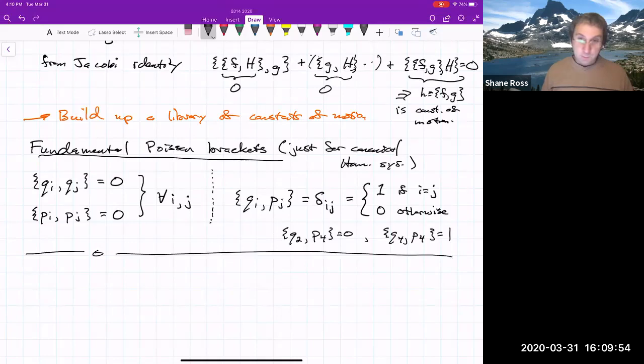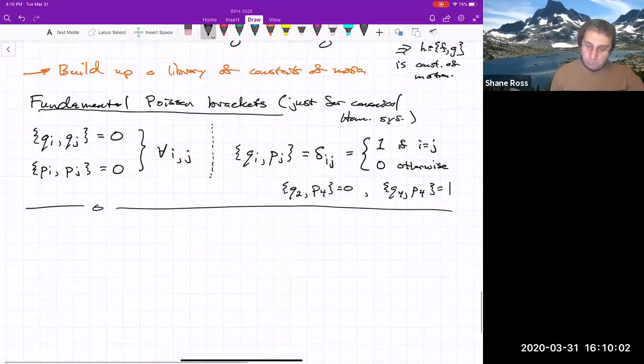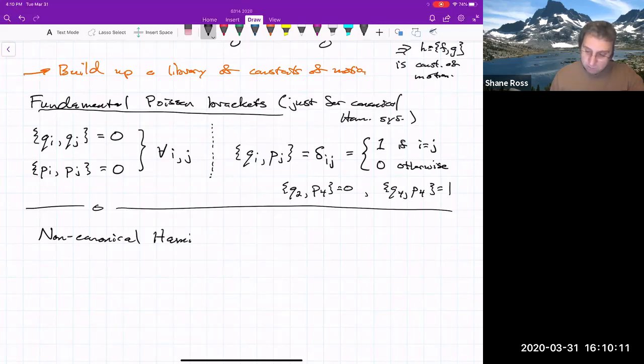But I did want to mention, is it 410? Yeah. Non-canonical Hamiltonian systems. I guess if we were to think of the space of all Hamiltonian systems, most of them are non-canonical.